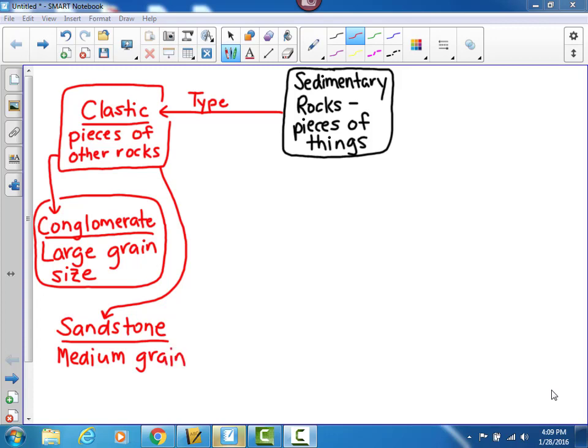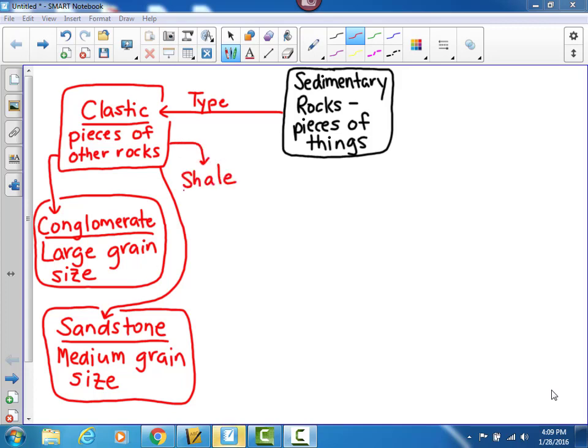It's smaller than a pebble, but you can still usually see the individual grains, at least with a magnifying glass. The third clastic sedimentary rock that you will see is called shale. And as you might expect, shale has a very fine grain size, very small grains. In fact, they are so small that you would definitely need a magnifying glass, and even then you might not be able to pick them out very well.